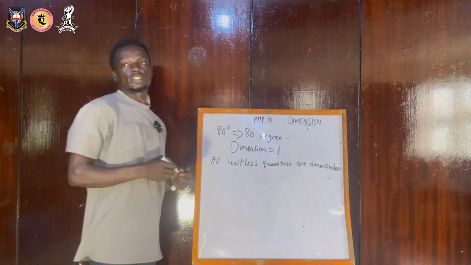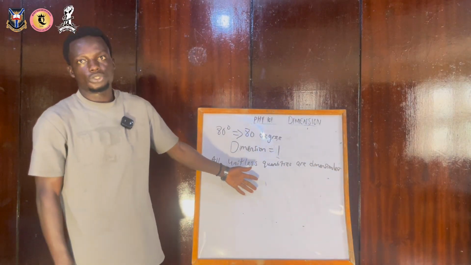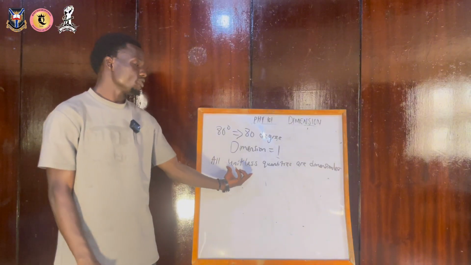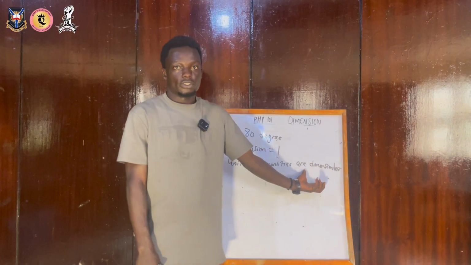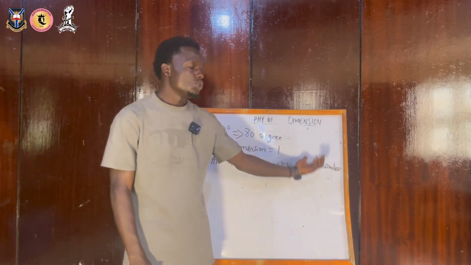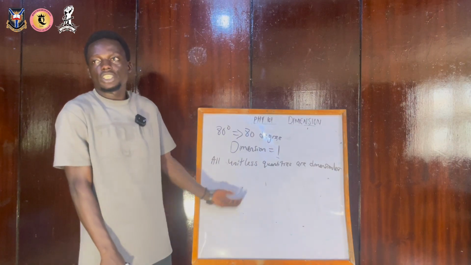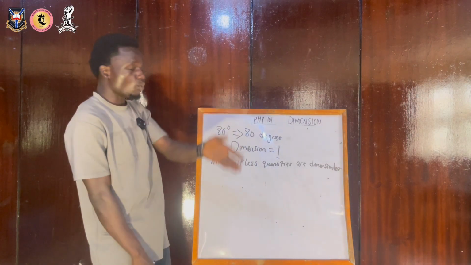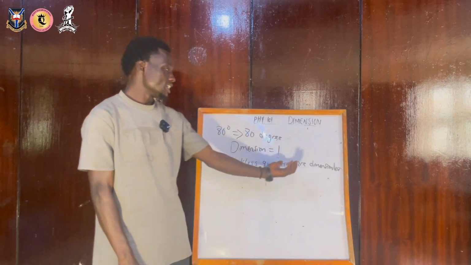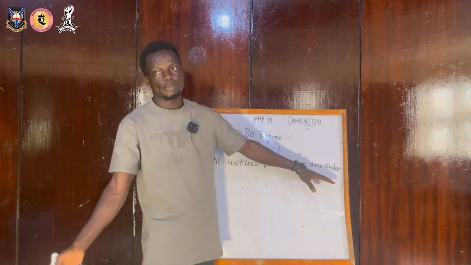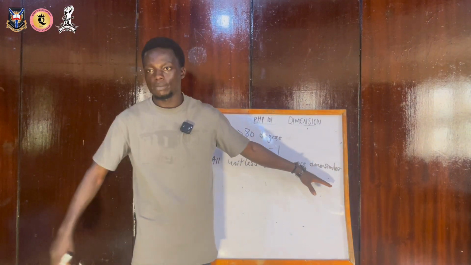I say all unitless quantities are dimensionless. This is certainly true. That's very correct. Because if you don't have units, you cannot have dimension. A unit is just like an identification. If I cannot identify a quantity with its unit, there is no way such quantity can possess a dimension. So without units, there is no dimension.